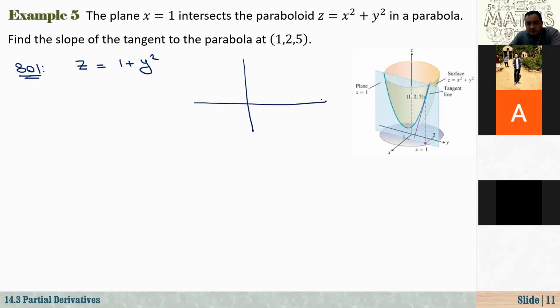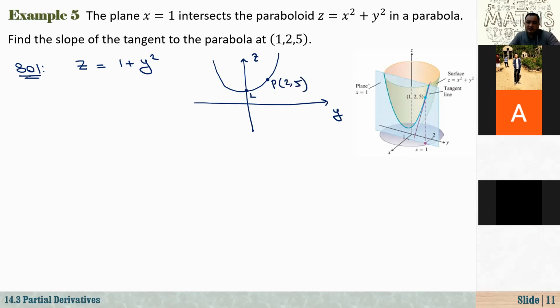Here we have y, and this one is z, and 1 plus y squared is a graph something like this parabola. When y equals 0, it is 1. The question here is to find its derivative at 2, 5. Let's say this point is P, that is 2, 5.